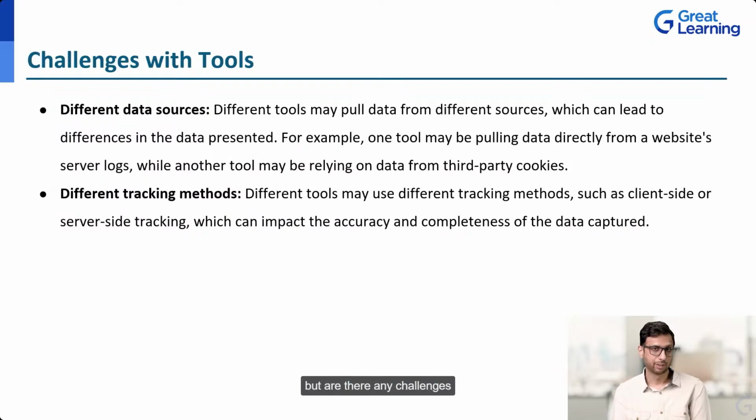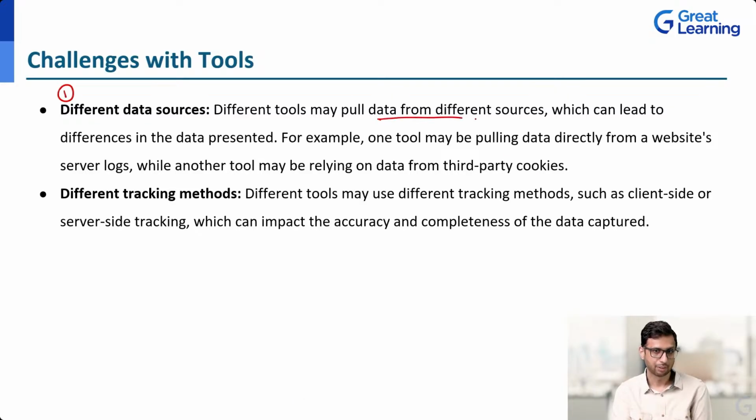These are the tools, but are there any challenges associated with these tools? Typically businesses will tend to use at least two or more tools to conduct web analytics. And one very big problem which you have to grapple with as you use multiple tools is that they pull data from different sources.